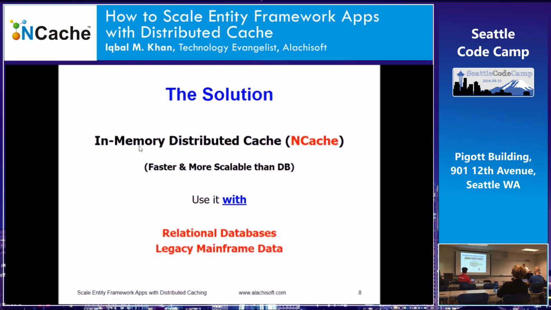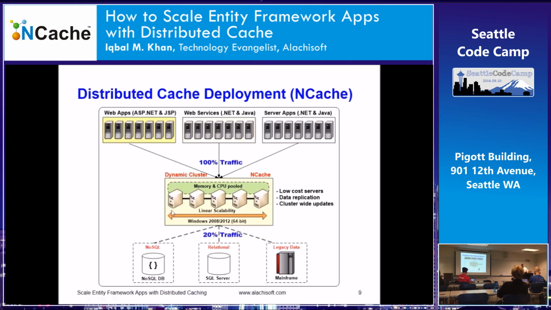So the caching, essentially what it does, logically it sits between the application tier and the database, and lets you cache a lot of data. There's some misconception about caching as just an in-proc standalone cache versus a distributed cache. Most people, when they think of a cache, they think of a standalone cache, which is within your application process.